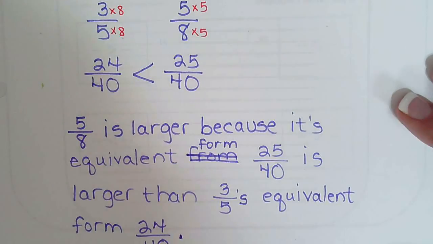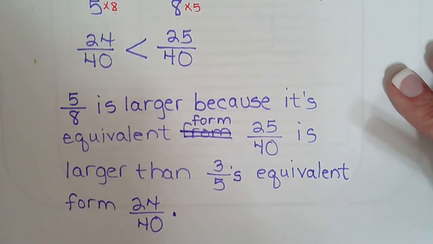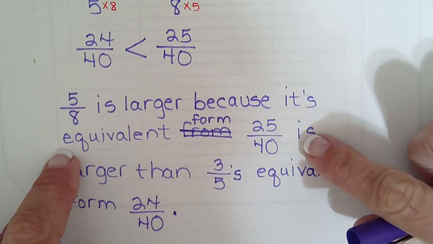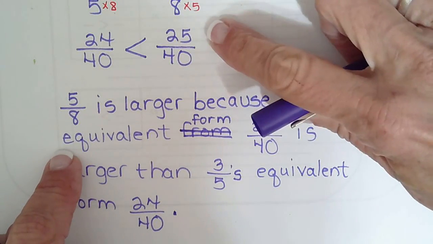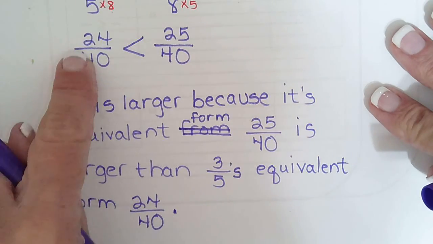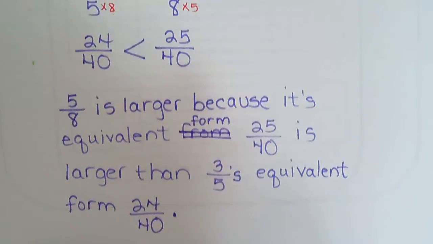So good thing I proofread that one. That was a mess, wasn't it? 5/8 is larger because its equivalent form, 25/40, is larger than 3/5 equivalent form, 24/40.